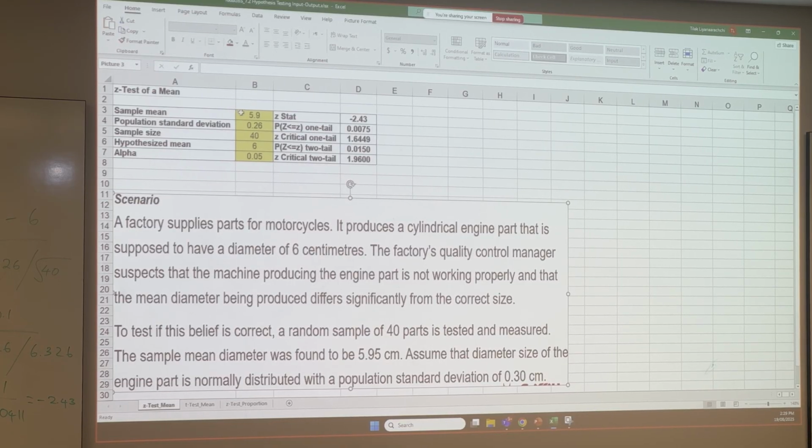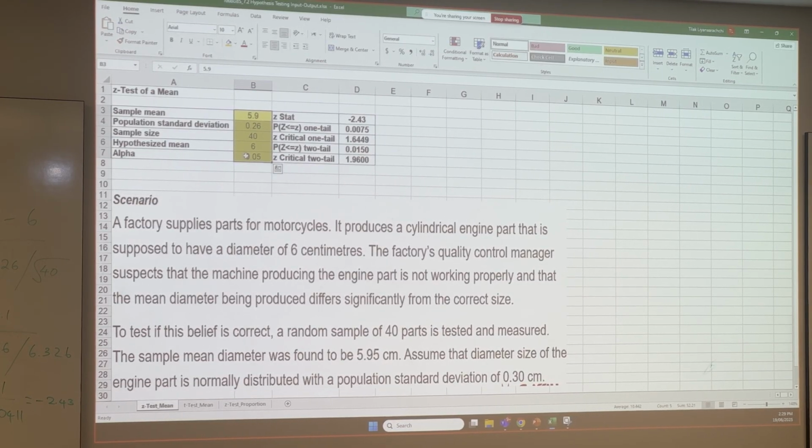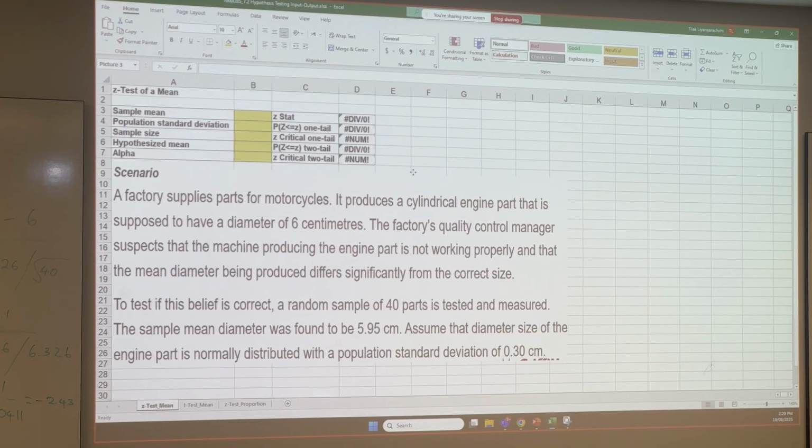Can you work on the new question? See what your decision is. Can you tell me? You can discuss with your group or with your friends.